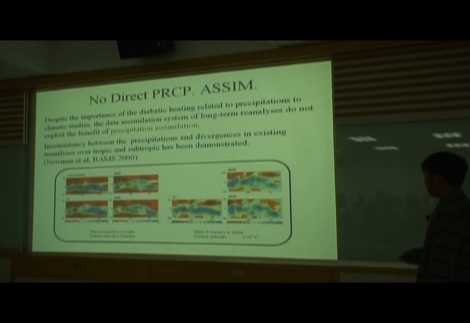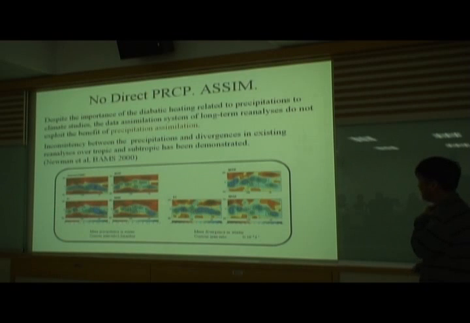These figures are the corresponding upper level divergence fields at 200 hectopascal. When we compare each precipitation and divergence, we can see the match within each reanalysis. We can see these cores here and here. In ERA40, there is one here and here.